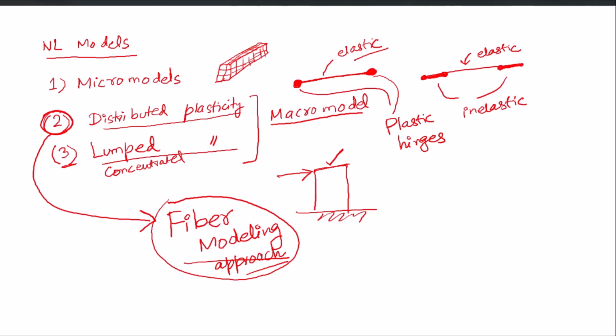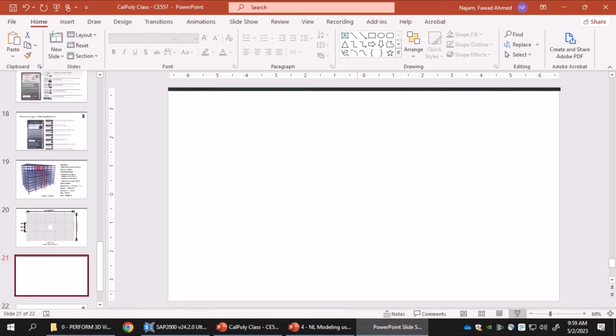So before actually going to SAP 2000, let me quickly explain its basic concept, what fiber modeling approach is, so that I can show you in SAP after that. Fiber modeling approach.